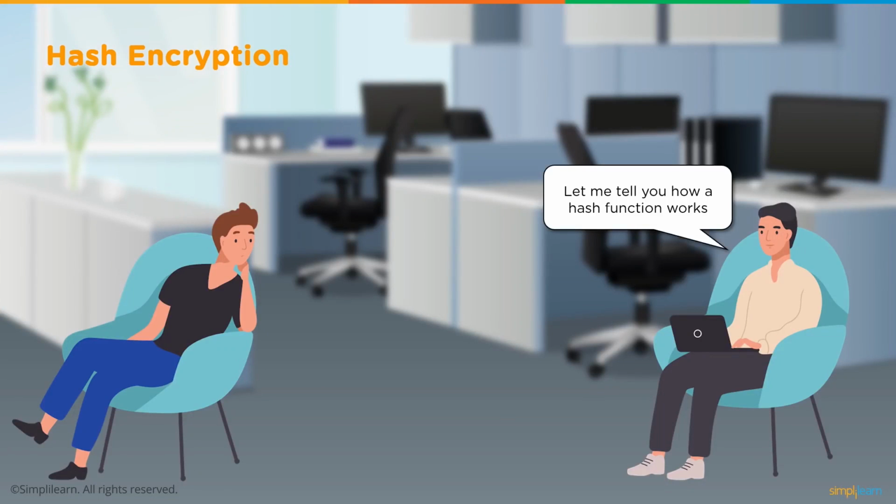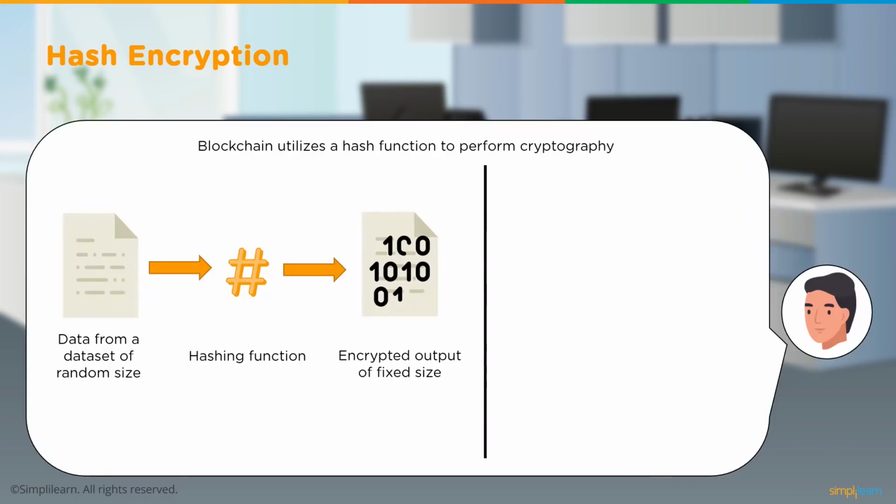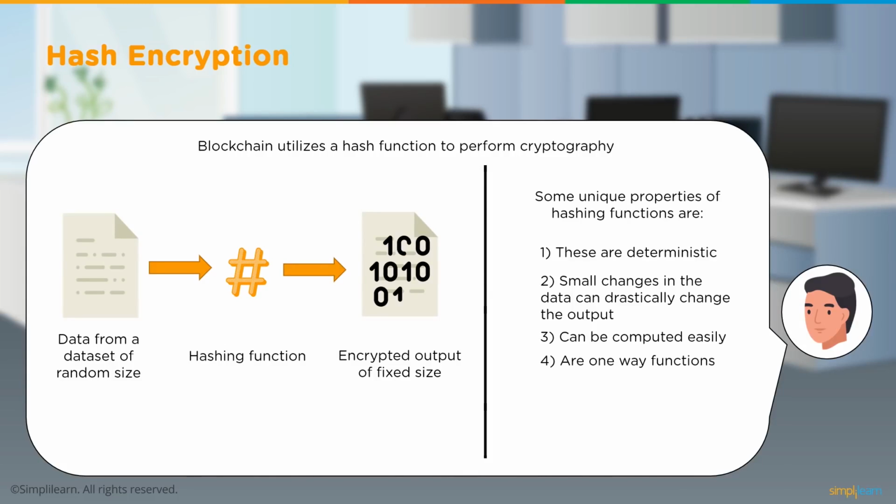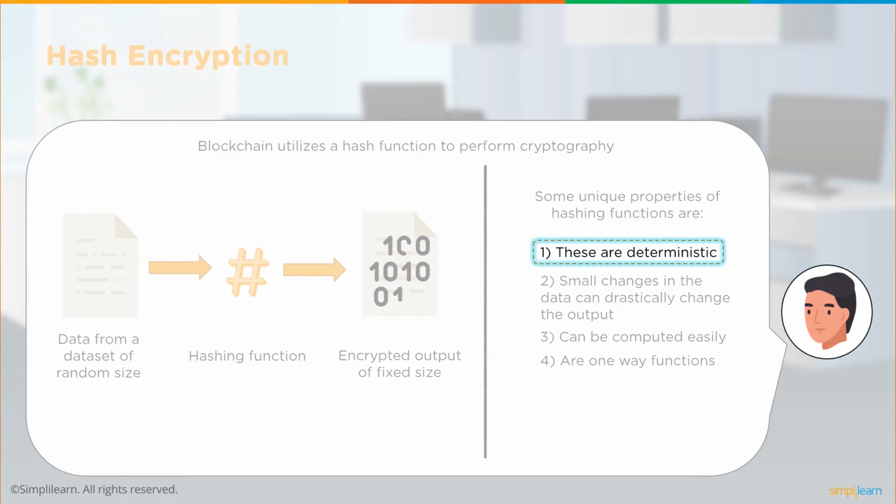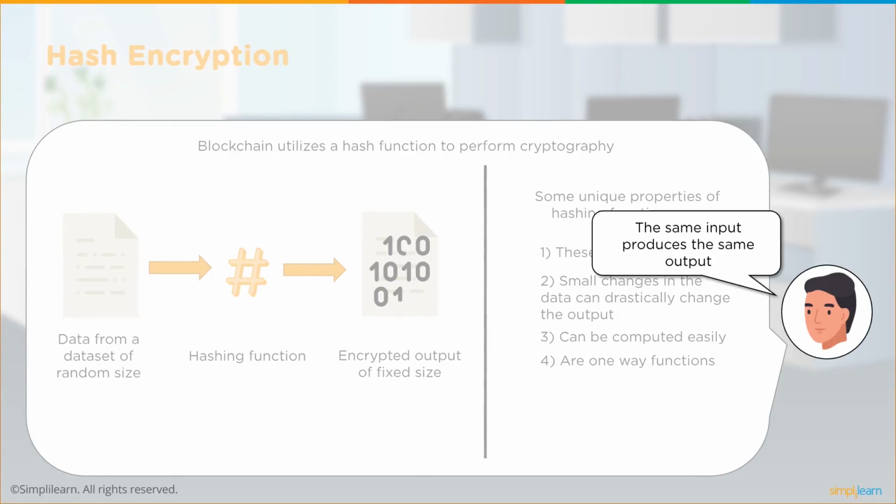Now let me tell you how a hash function works. Blockchain utilizes a hash function to perform cryptography. Data from a data set of random size is sent as input to a hashing function to get an encrypted value of fixed size. And that is the feature of any hashing function. Some unique properties of hashing functions are, these are deterministic. The same input will always produce the same hash output.